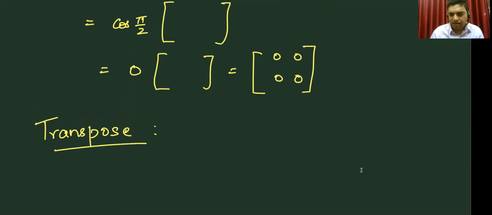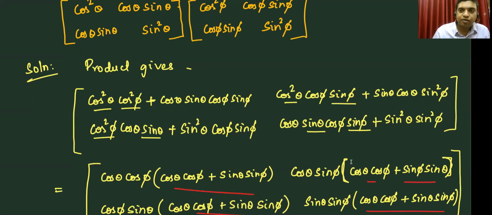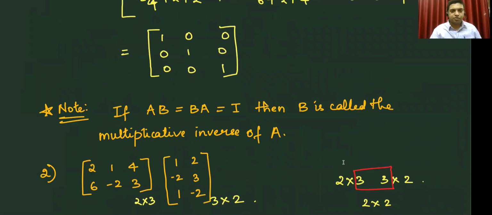So, in the last class we discussed the properties of operations on matrices, that is, properties related to addition and multiplication, and a few problems also we solved.